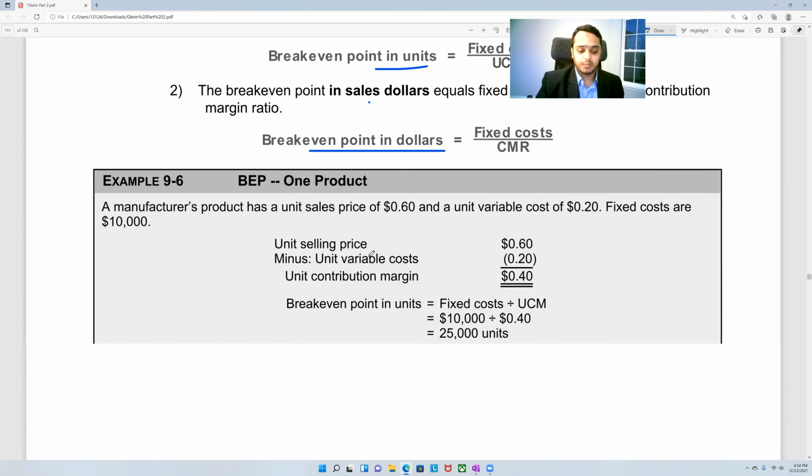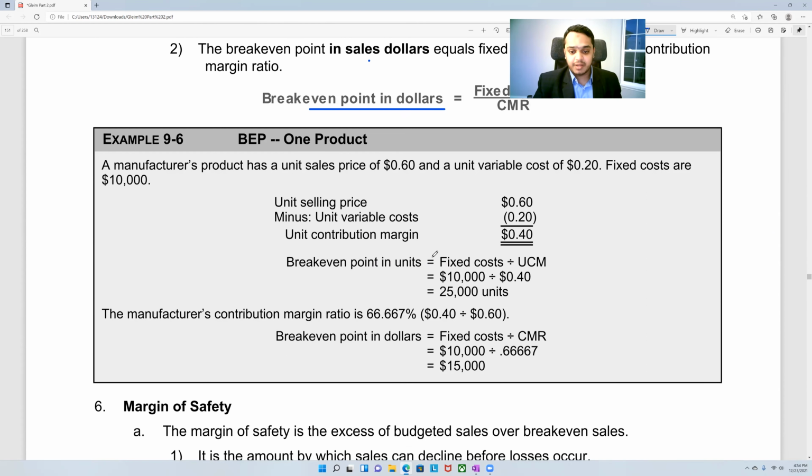Let's move forward now. If you see here, for the break-even point in units, your unit contribution margin you found out is 0.4, and 10,000 divided by 0.4 is 25,000.